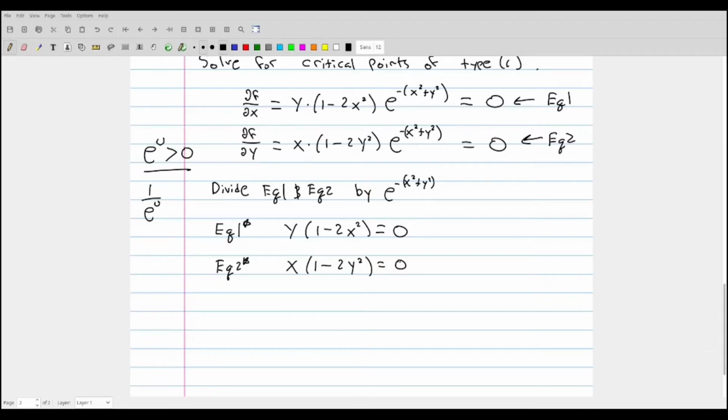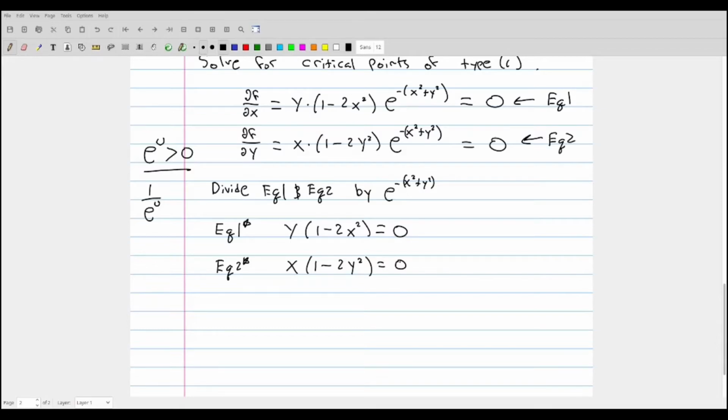So the idea then is that we have this new system that we have to solve, and we have to look at and see, well, how can we satisfy this system? What values of x and y are going to give us solutions to this system? And the key thing to do almost always is to start with one of the equations and figure out what values of x and or y will satisfy one of the equations.